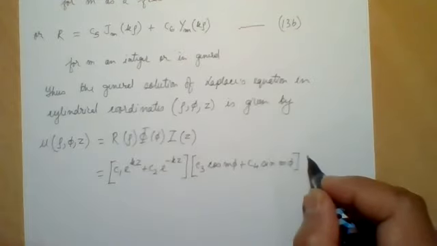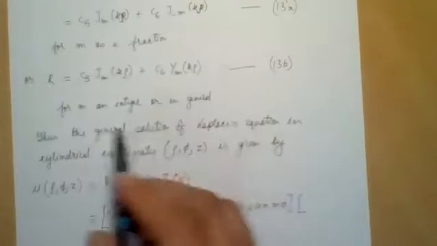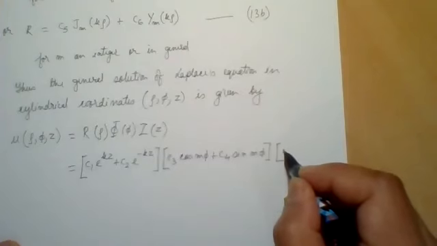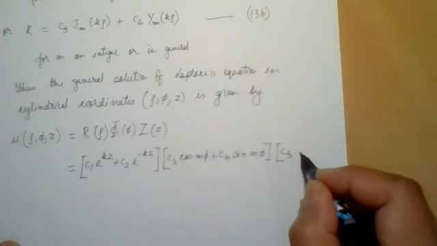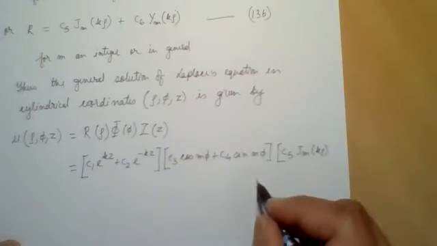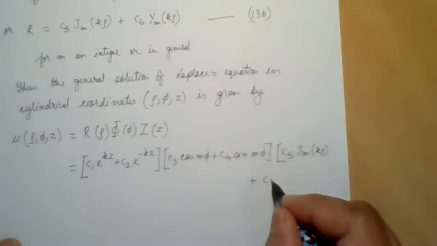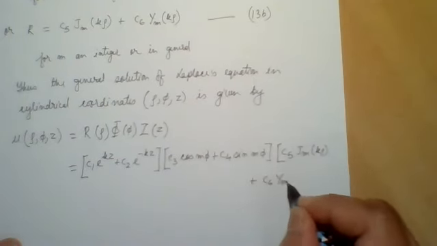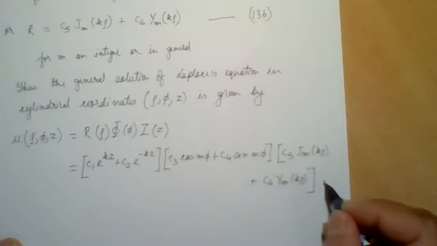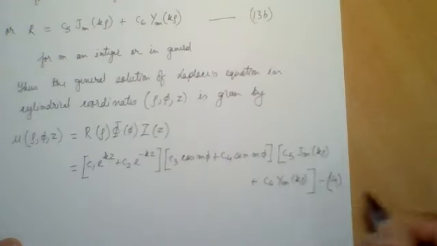Then the general expression for R: C5 J_m(k rho) plus C6 Y_m(k rho). This we call equation number 14.